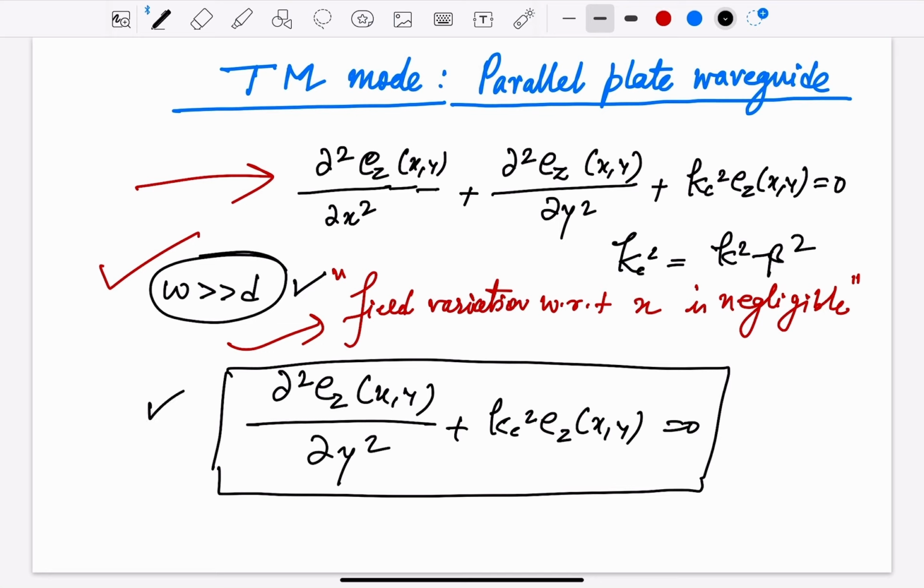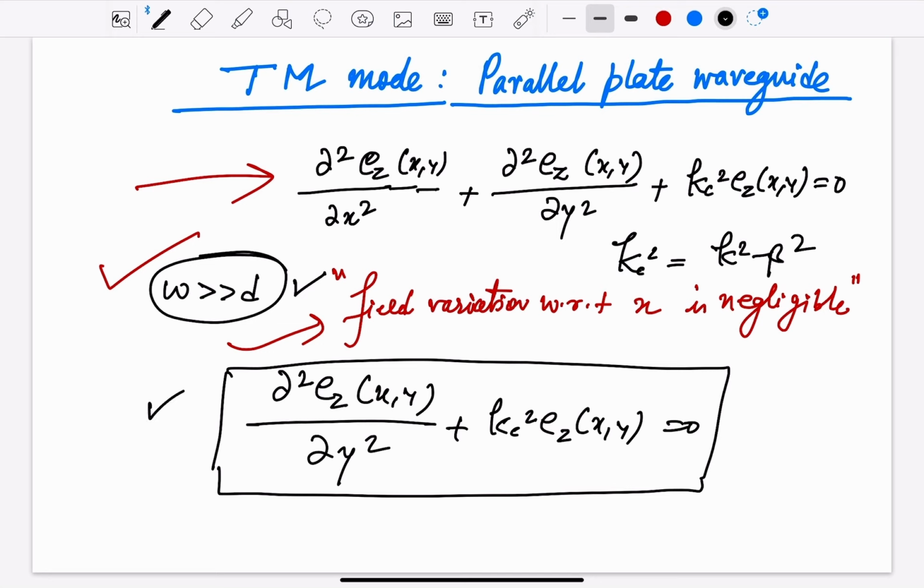But for the waveguide, when all these propagations are happening in this waveguide, the phase velocity is not equal to the speed at which the overall wave propagates along the guide.